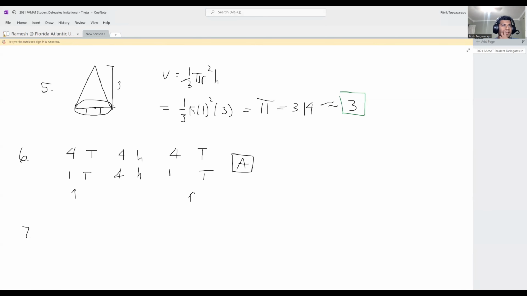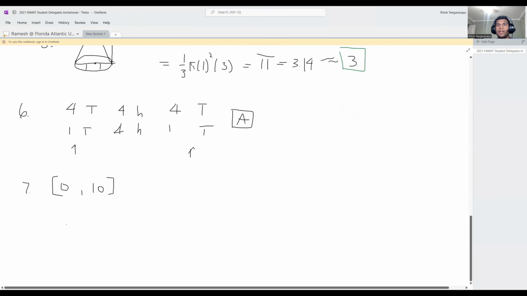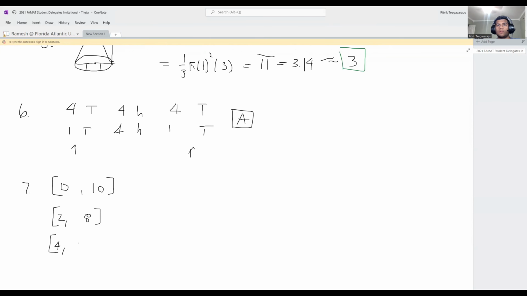For question 7, it says, how many subsets of a 10-element set are there such that each subset has an even number of elements? Okay, so this one is a bit of casework. So we can either have 0 to 10, 2 to 8, and 4, 6.